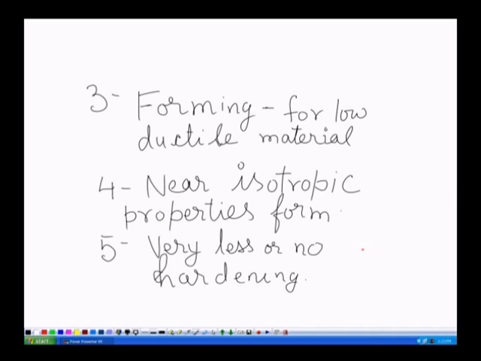So, in this way we have discussed the advantages and disadvantages of cold working, and the advantages of hot working, as well as the coefficient of friction with each and every process.